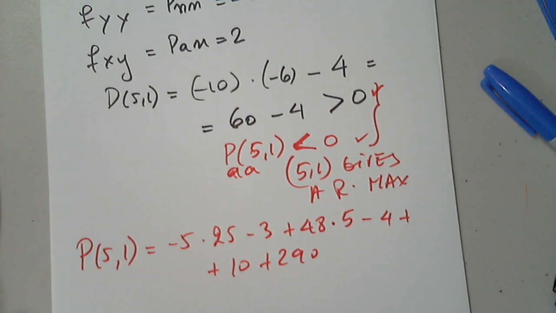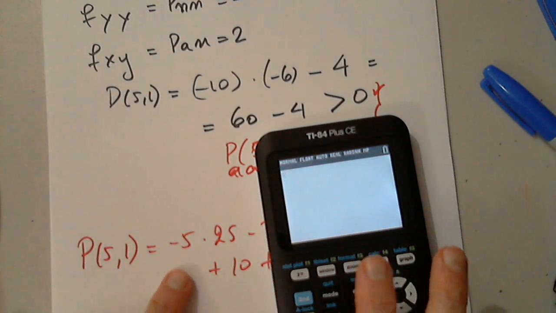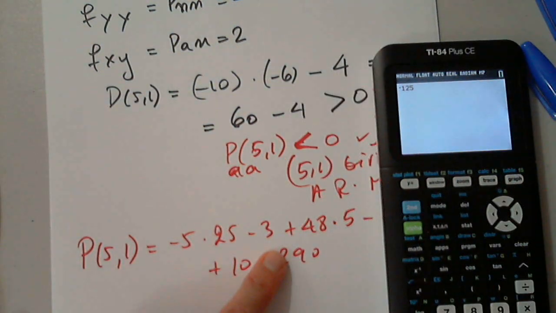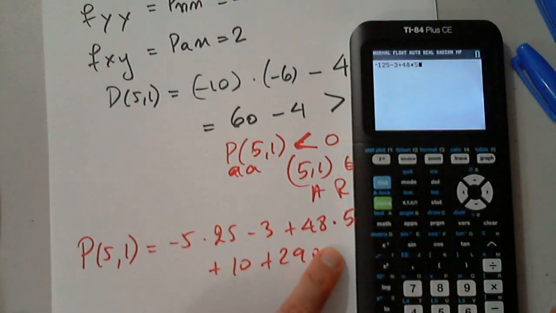It's easier if I just do this. So negative 125, and then minus 3, and plus 48 times 5, and minus 4, and then plus 300.